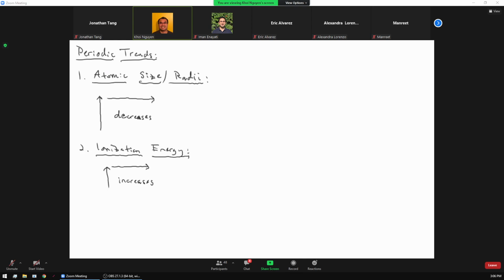That's where the variations in these periodic trends come from. But for the majority of atoms that aren't half or full D or P orbitals, you're not going to have those exceptions. You're just going to follow the trend. So as you go up and to the right, you're going to have to put in more energy.